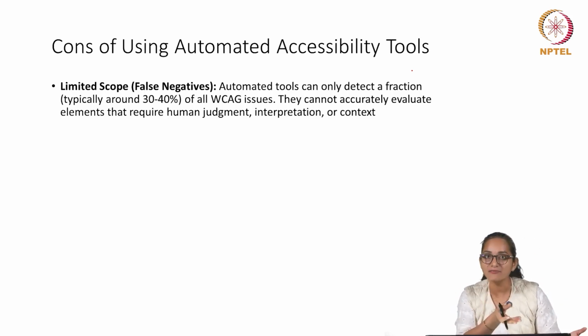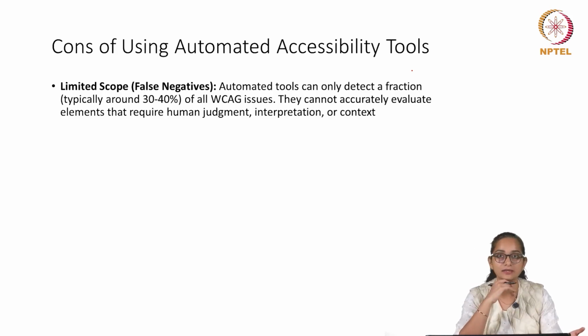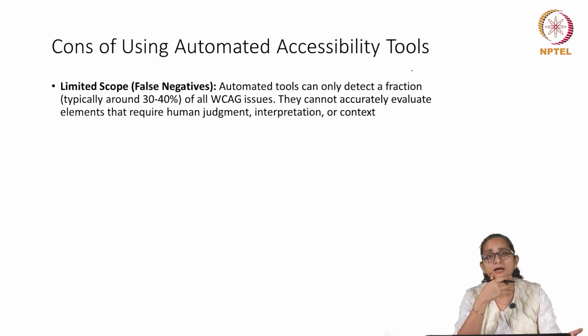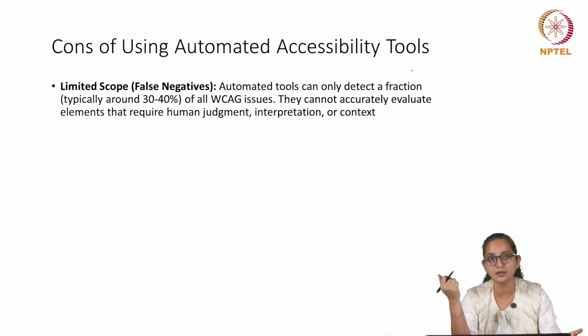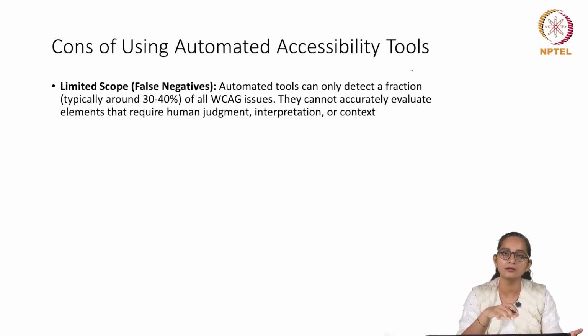If it does not have any meaning, then it fails to fulfill the criteria listed under the understandability principle. Many times those understandability issues are very humane issues which may not be captured by automated, software-based evaluation tools. So, that requires human judgment.